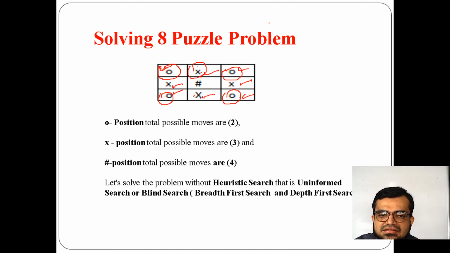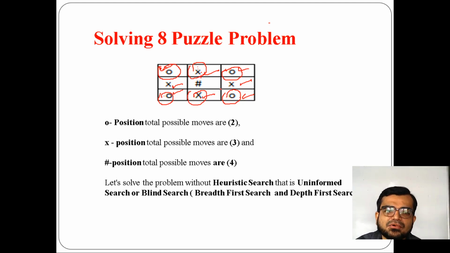Similarly, if you take this x, you can move either left, right, or up. You cannot move this x in the down direction. The remaining x's are also the same way. So x positions can always move in only 3 directions.